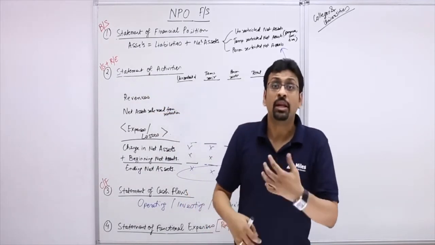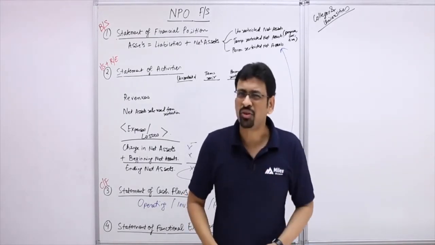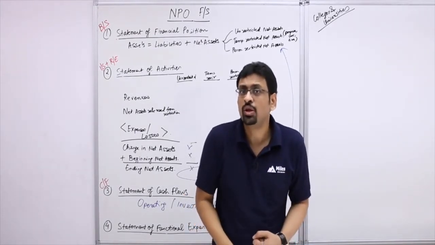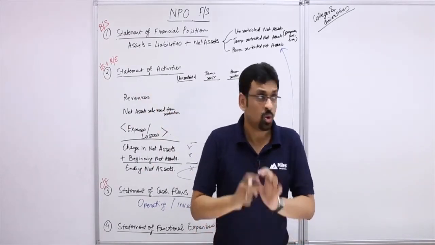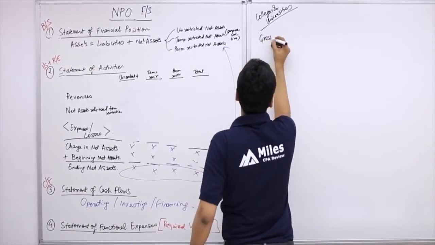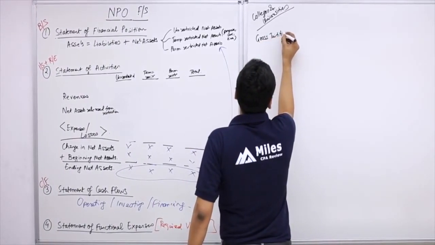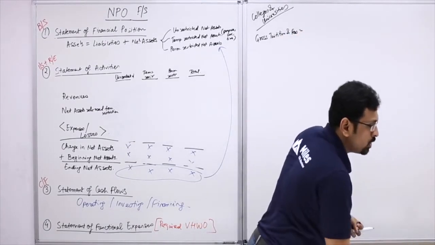But if the loss of revenue is due to cancelled classes, that's not revenue earned by the educational institution, so that's not included in gross tuition and fees. Let me put it all here. You have gross tuition and fees, and the focus is on this word gross.